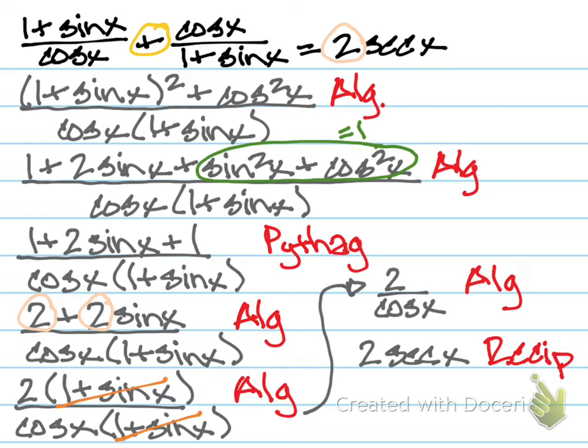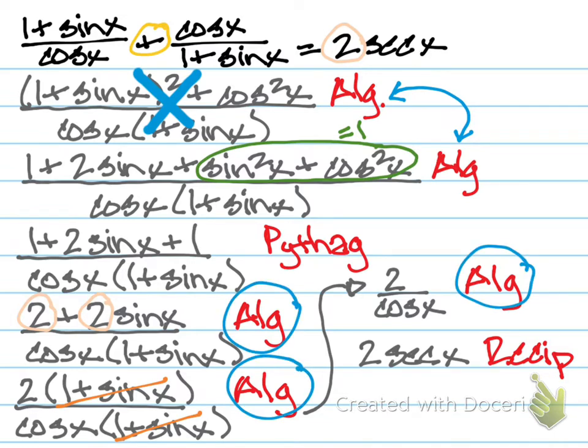If you're one of my students and you're using ALEKS or some other system where you only have to put in one reason and you don't have to put in every single step, since these two steps both use algebra, you could get away without putting in that first one and just use the second one. Likewise, these 3 steps use algebra, so you could get away with going straight from the Pythagorean step to the 2 over cosine. So just something to think about depending on what you need.